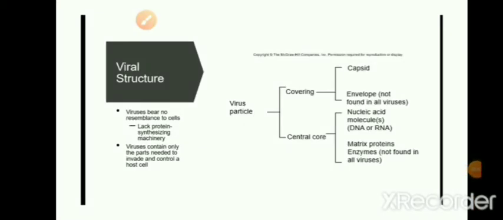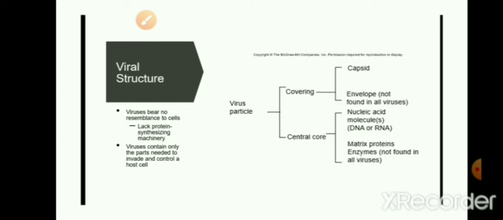The structure is divided into two types, covering and central core. The covering is divided into capsid and envelope. We know the capsid is made up of capsomeres. Envelope is not found in all viruses.